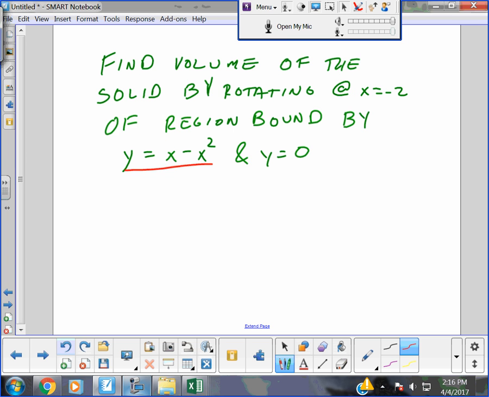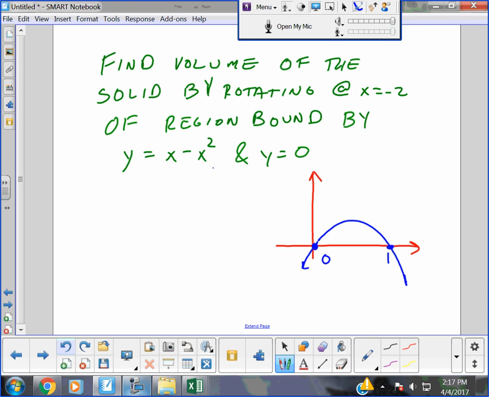If I plug in half here, I can find the y value, and I don't particularly care, but it looks like this. And it goes through 0, and it goes through 1, on this curve.